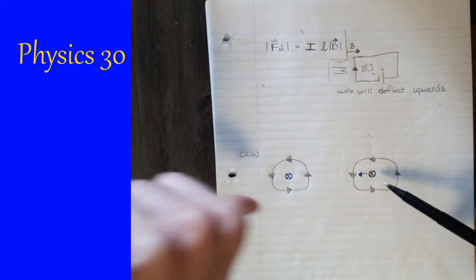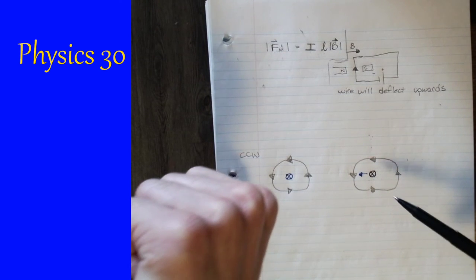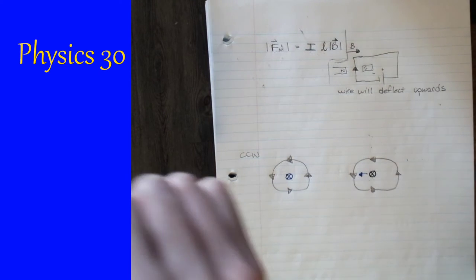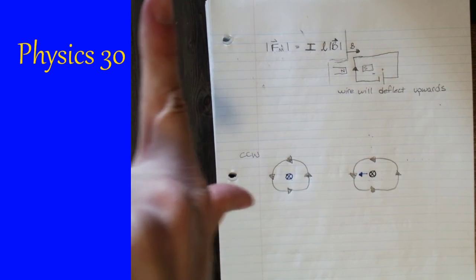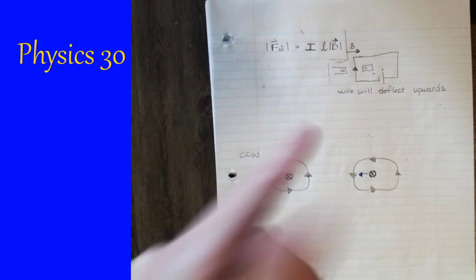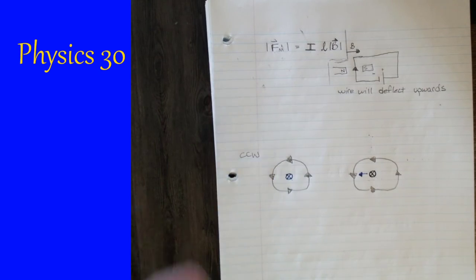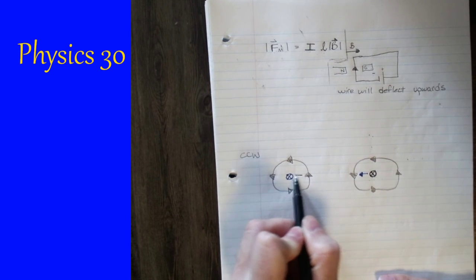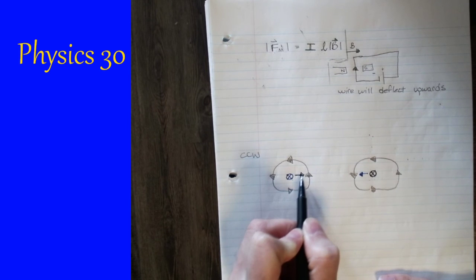So this wire points downwards, and then the magnetic field points not upwards, but downwards. It's kind of hard to draw in front of the camera. However, if you do that, you'll find that the deflecting force is to the right.